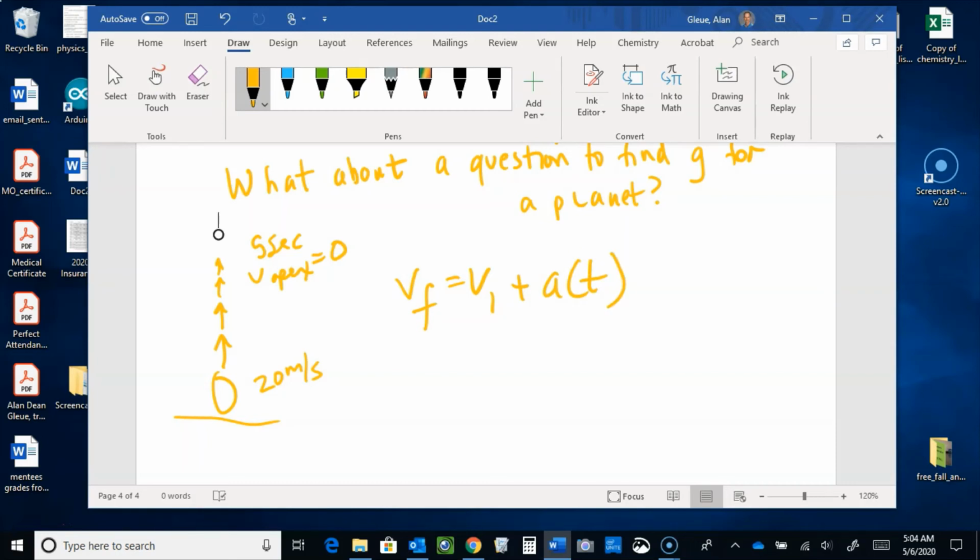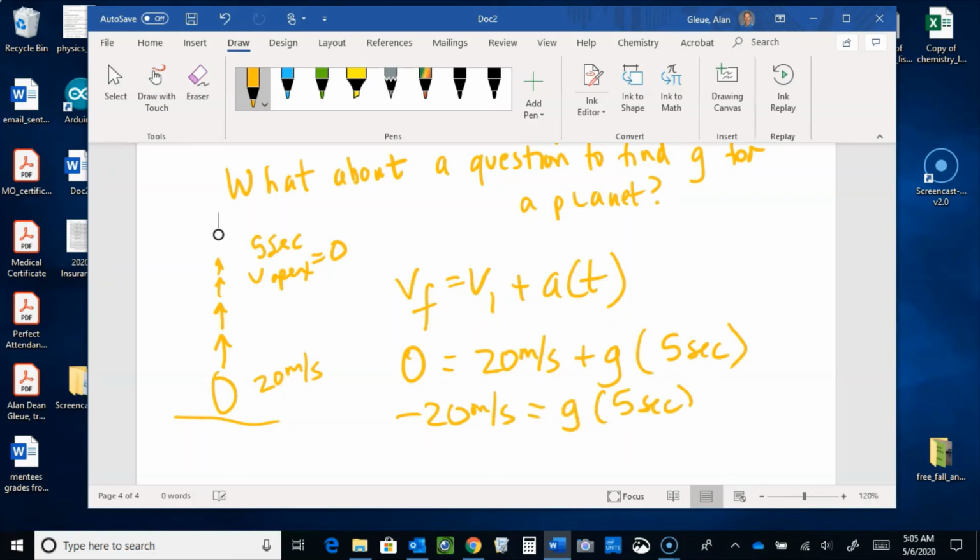And so this apex velocity again would be 0. Our initial velocity is 20. And in this case, we're not sure what that g is, so that's going to be our unknown, but maybe it takes 5 seconds. And so we can put that 20 on the other side. Divide through by the 5. In this case, we get a g then of 4.